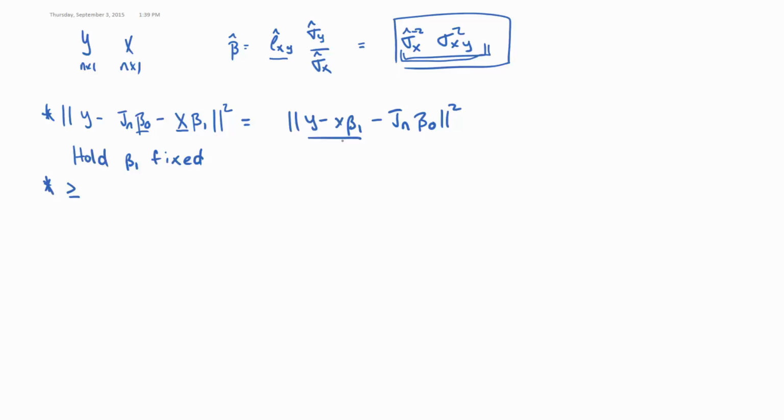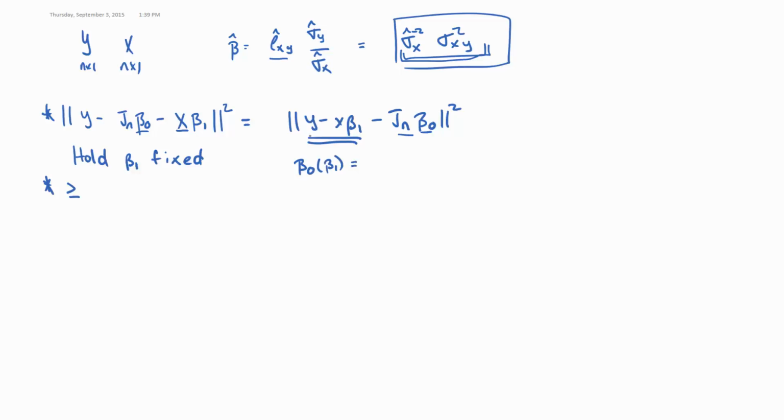Think about y minus x beta 1 by itself as if it was a vector. If beta 1 was fixed, then this is just mean-only regression with this as an outcome, this as our vector of ones, and beta naught as our single coefficient. So we can write our beta naught solution as depending on beta 1 being fixed.